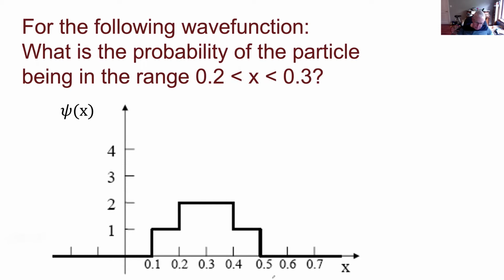Up here where the wave function is 2, when I square it, those values are going to go up to 4, right? And then I come back down, I get 1 again. So next thing I have to do is check and see if my wave function is normalized or not, okay? If I take that, I want to do the integral over that, and I can do that by just counting boxes, essentially, right?